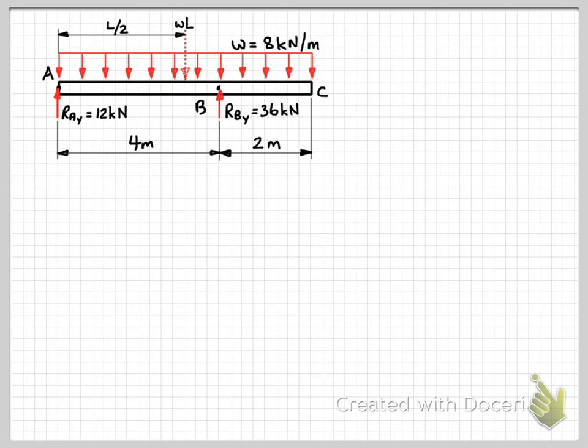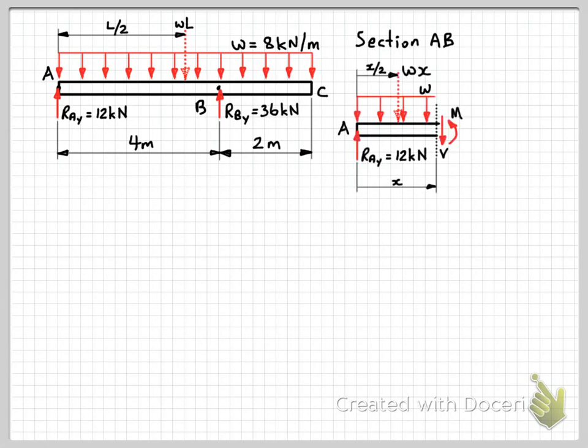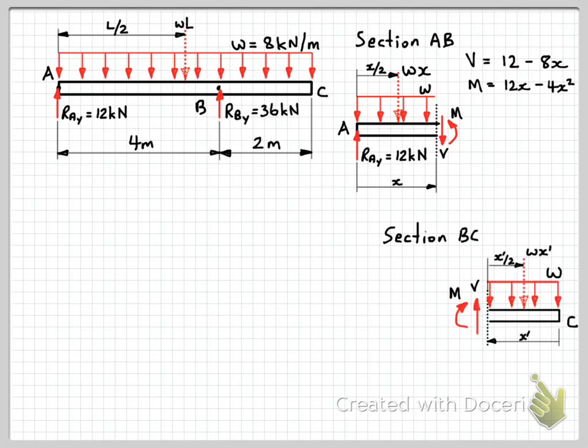Now that we have our shear and bending moment equations, we can start to think about drawing the shear and bending moment diagram. So for sections A and B, just a reminder of what we had. The equations were shear force equals 12 minus 8x, and the bending moment was 12x minus 4x squared.